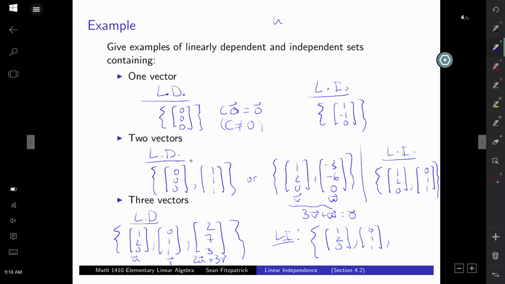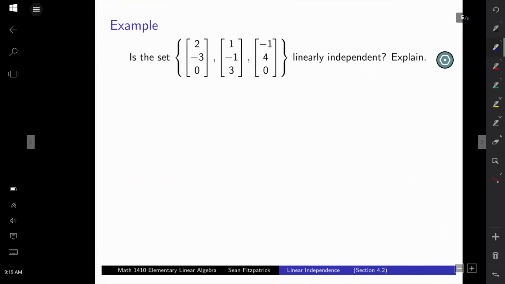What is u cross v? u cross v: i, j, k, 1, 2, 0, 0, 1, 1. I'm going to get 2i - j + k. So I could throw in the vector (2, -1, 1), and I would be safe in the knowledge that that set was linearly independent.